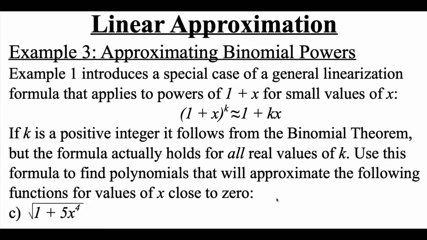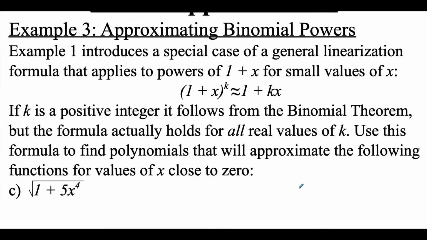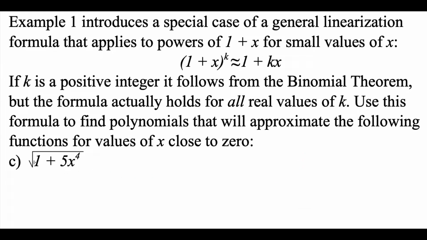Similar type of problem, but again, changing up the function that we're working with. So now we've got the square root of 1 plus 5x raised to the 4th power. Again, we want powers, so I'm going to take this square root and turn it into a 1/2 power. So this is going to be 1 plus 5x to the 4th raised to the 1/2 power. Now this time, the x that we're dealing with is really this whole 5x to the 4th.